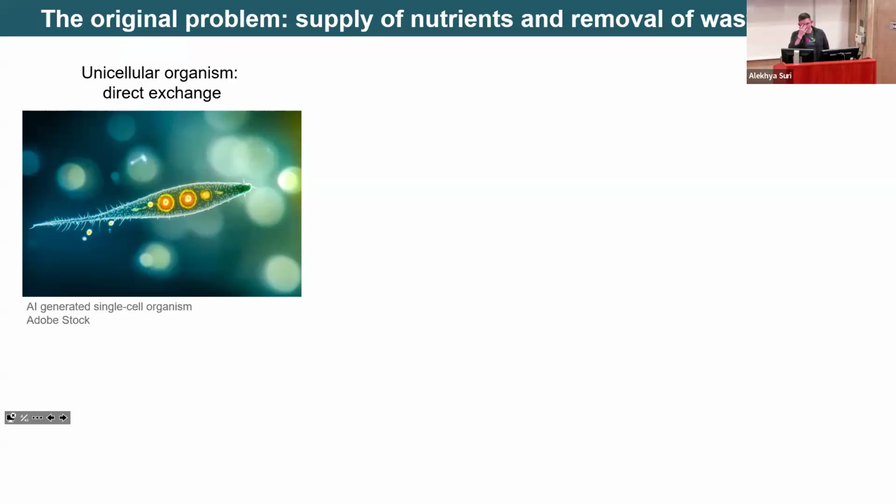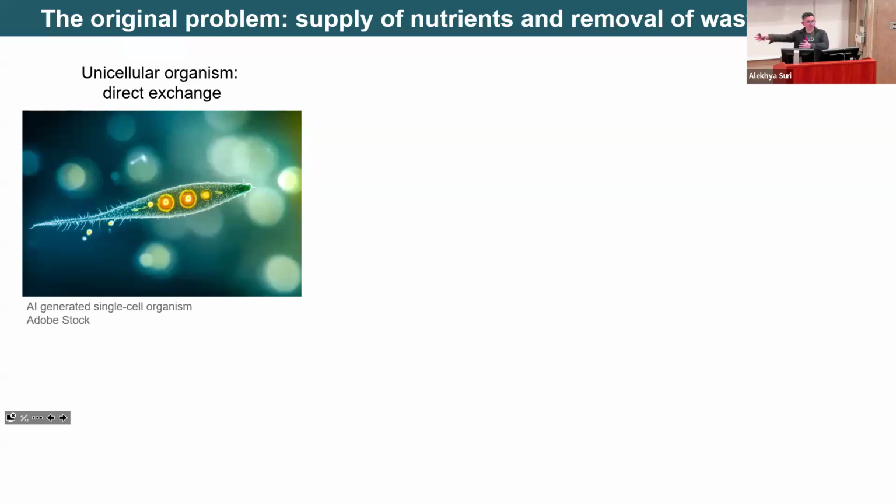All of the tools that cellular biology has, this organism can and usually does utilize, right? But the important thing is that this exchange of nutrients and waste occurs directly with the extracellular environment, right?